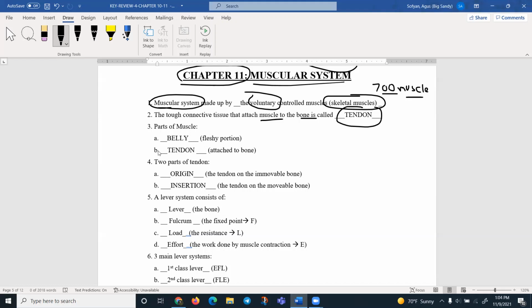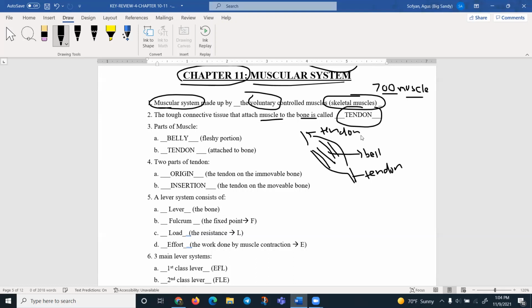Okay, so if we look at the muscles, there are three parts actually. The muscle part or the mid part is called belly. And the end part is called tendon. So one tendon here and another tendon over here.